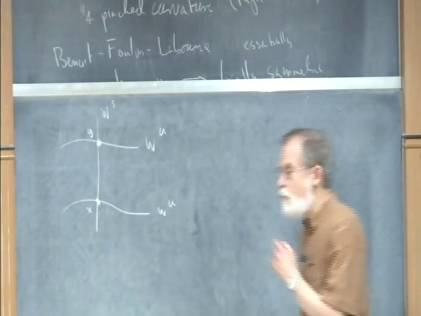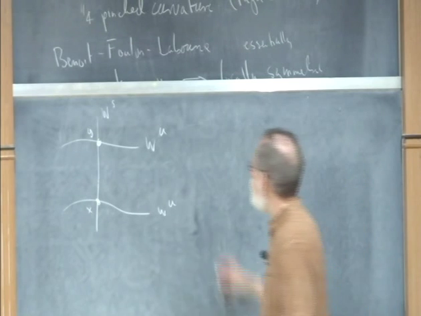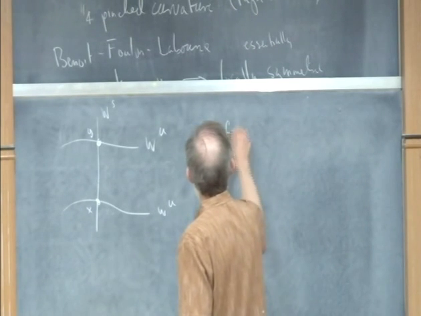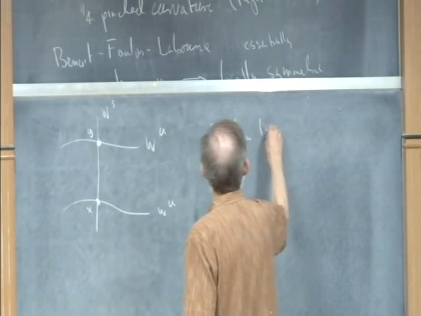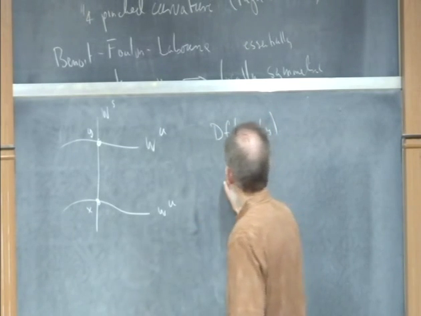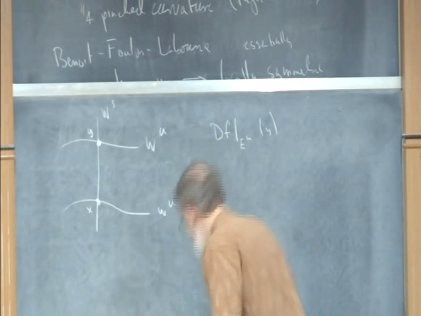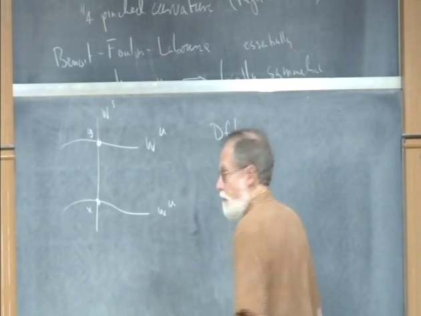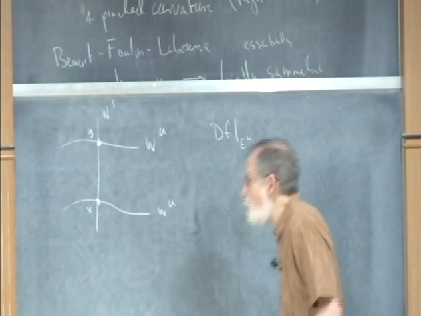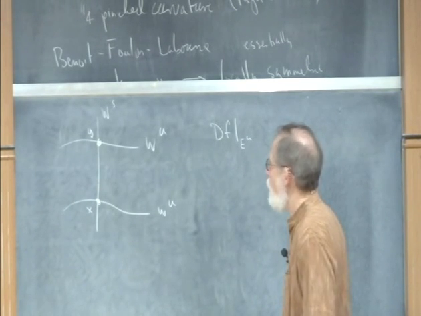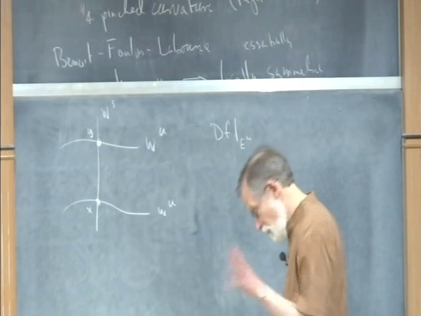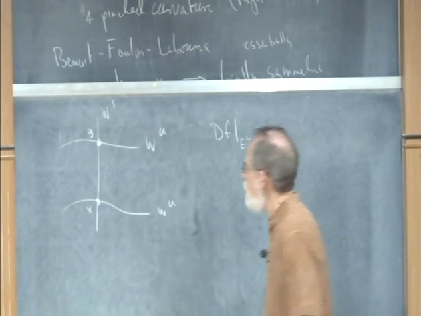So I have those 2 points. And now I want to look at the derivative of f restricted to EU at y. Basically I want to look at the derivative of f restricted to EU, and to take a product along the orbit. That's where you want the sum to converge.